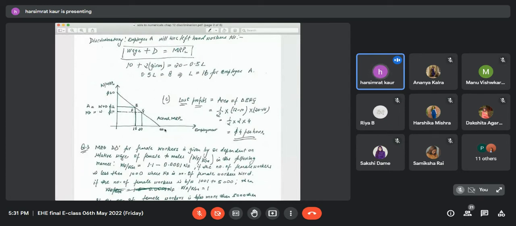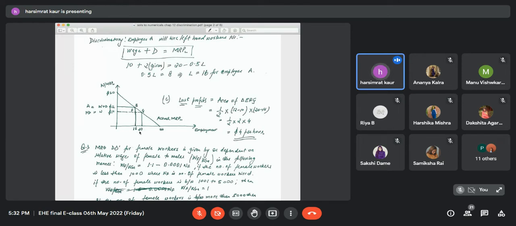If there is no discrimination, then W equals 10 and the employer is hiring till 20.